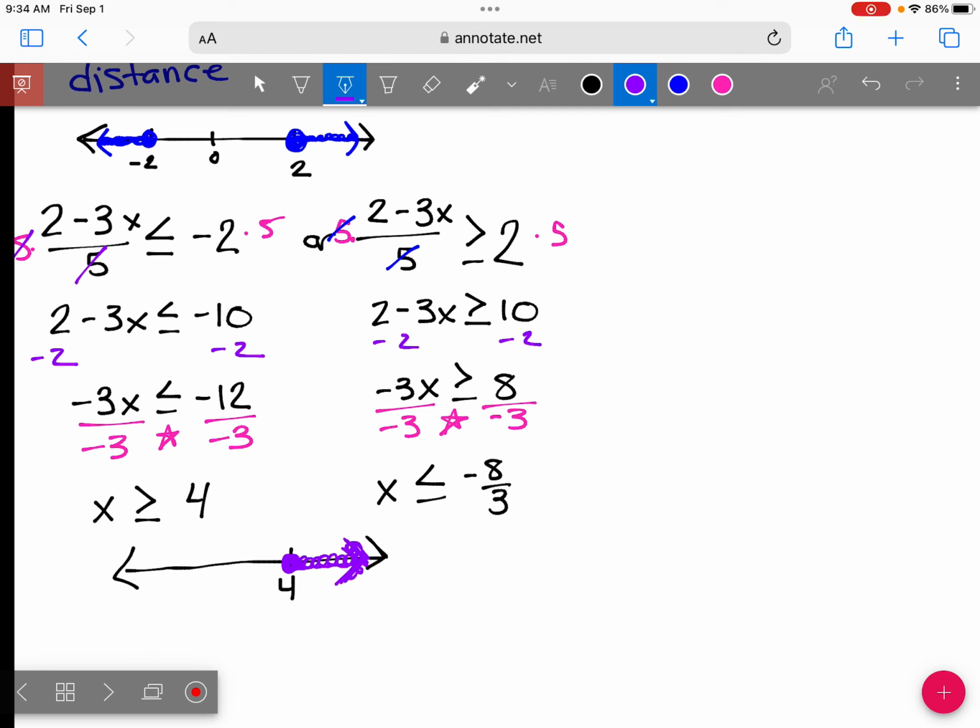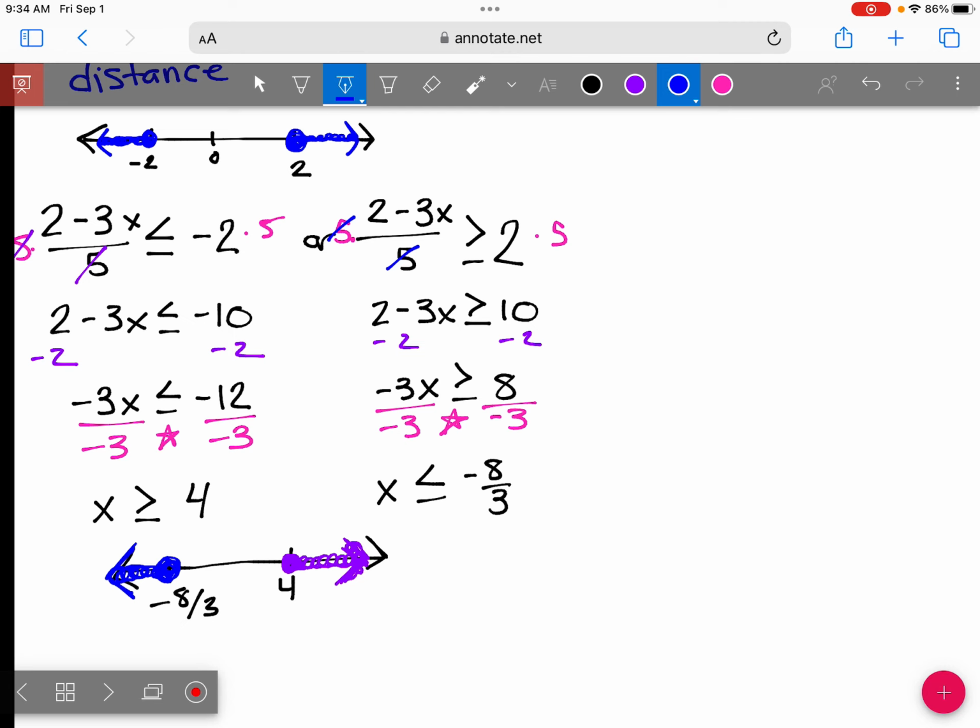Okay, that arrow doesn't work when it's squished. And negative 8/3 is somewhere down here, definitely smaller than 4. Doesn't matter specifically, but my x has to be less than. So we still wind up with outwards pointing arrows. They're both going out.